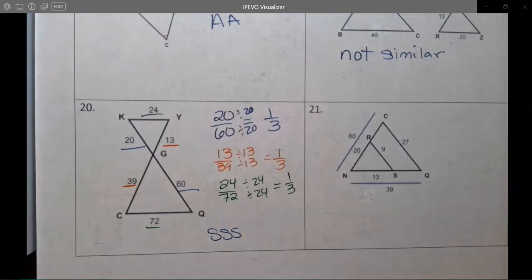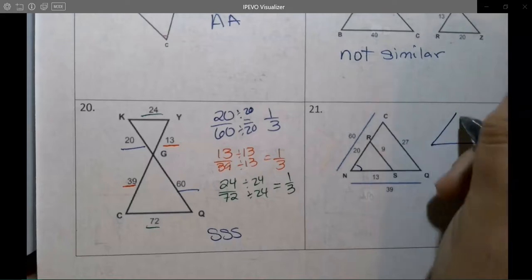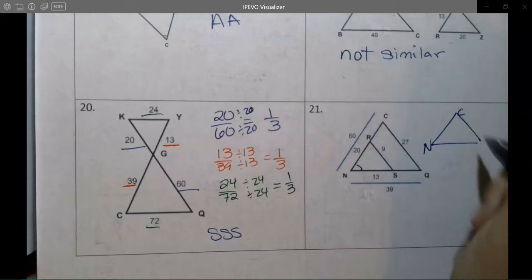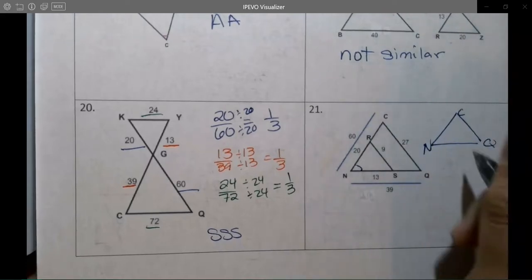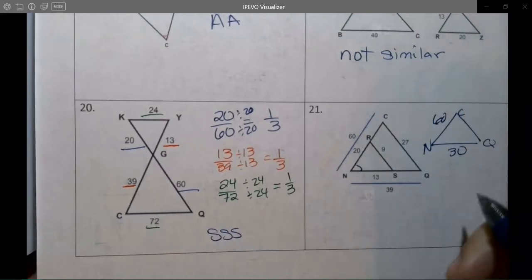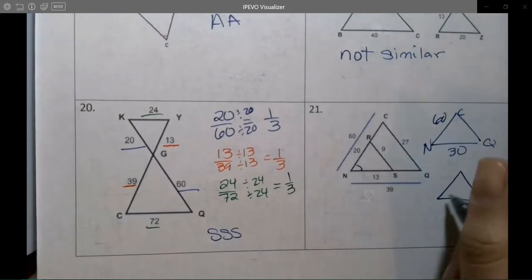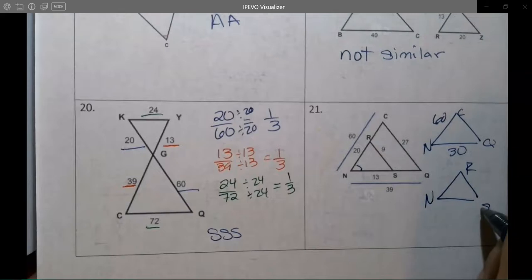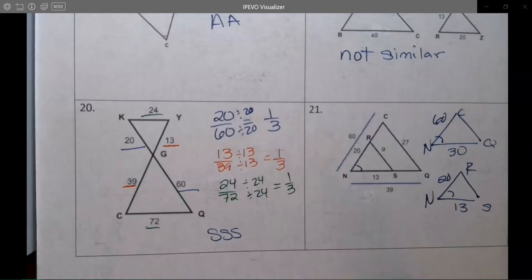On this one, I know that both triangles are going to have angle N. So if I drew this out as two separate ones, I have NCQ with side lengths 60 and 39. And then I also have this one, NRS, with side lengths 20 and 13. I know they share an angle, and I just need to confirm that the two sides are similar. So I'm going to look at the first set, the top ones.